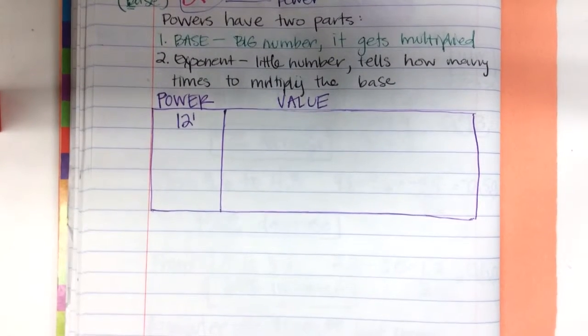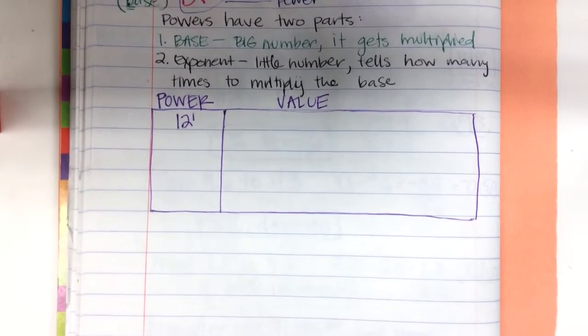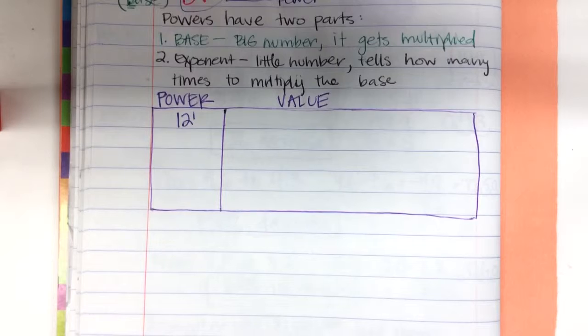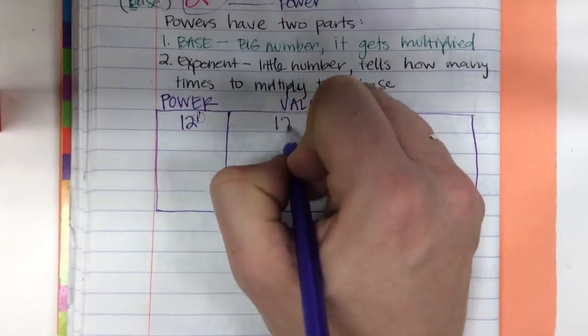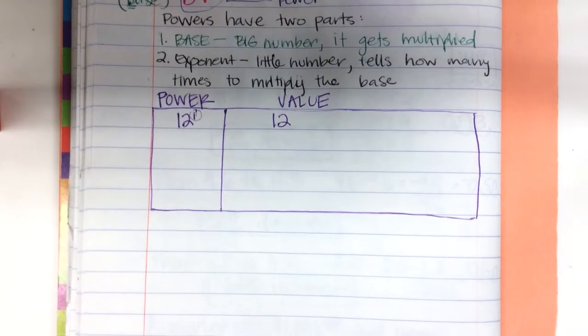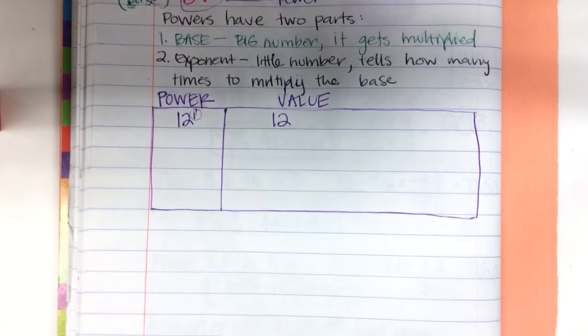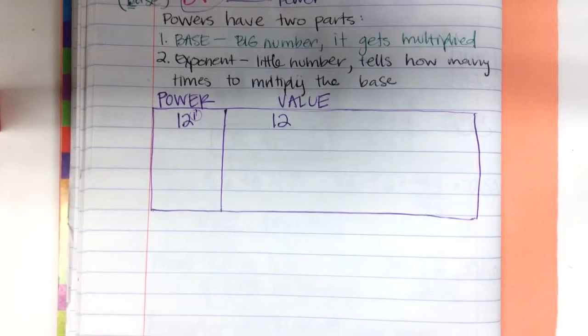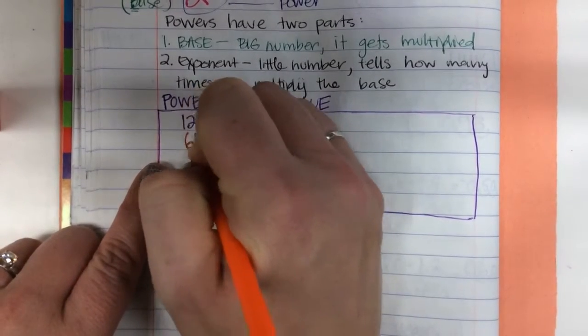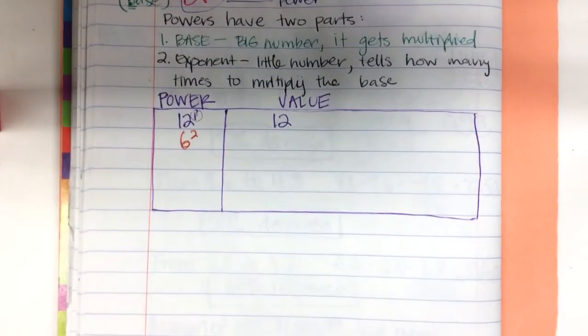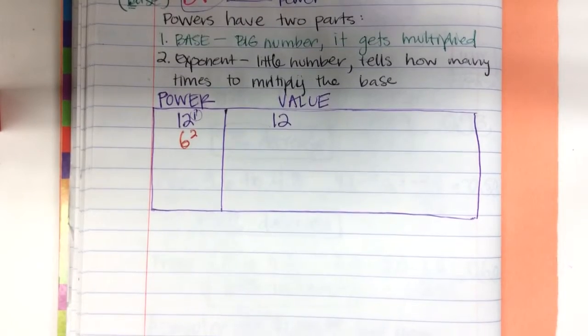So 12 to the first power, what does that mean? It's just 12, right? How many 12s are there? There's one. So the answer is 12. What would 6 squared, or 6 to the second power, mean?